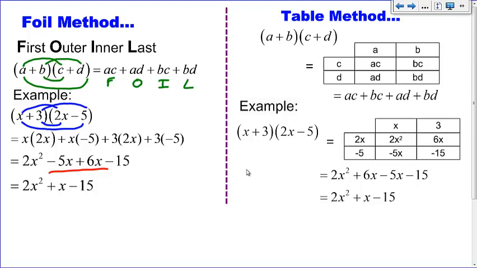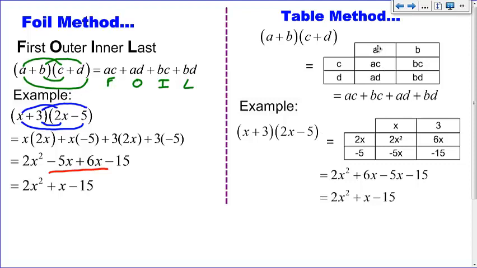All right, one more method we're going to look at is the table method. This one's a little bit different. It feels like it's not as much an algebraic process, but it really is using algebra still. We'll do something like a plus b times c plus d.